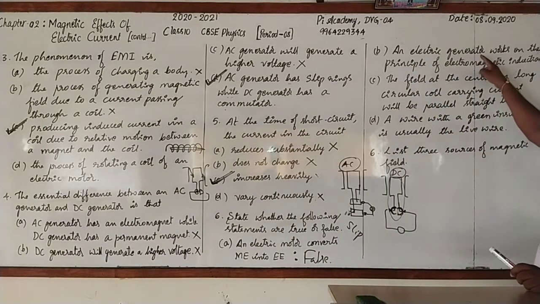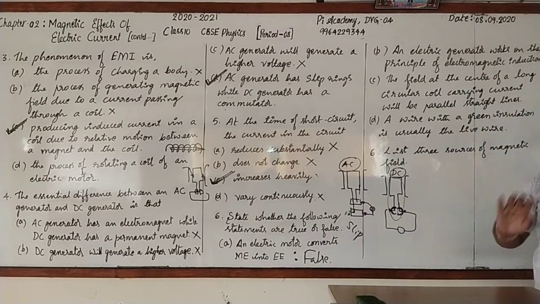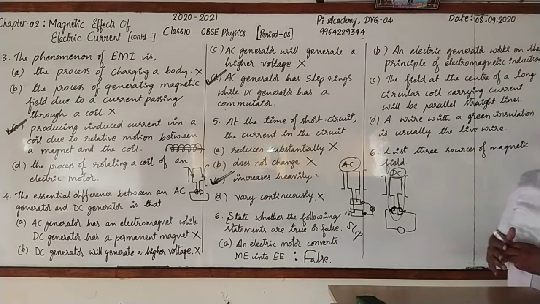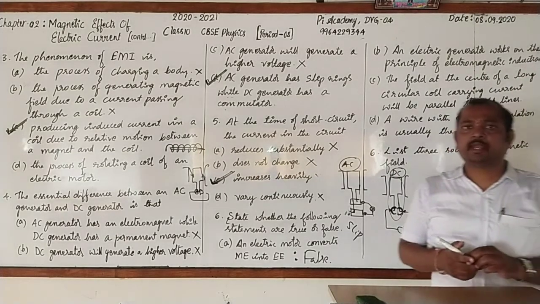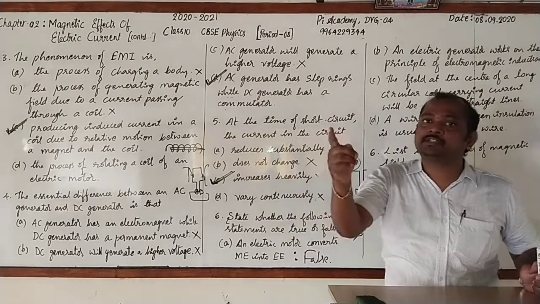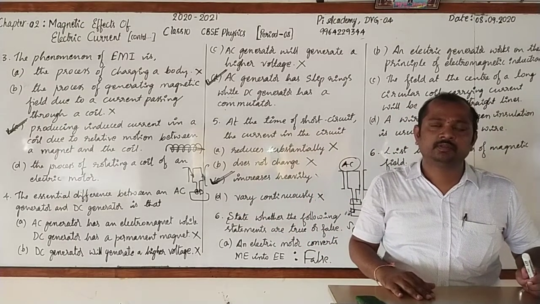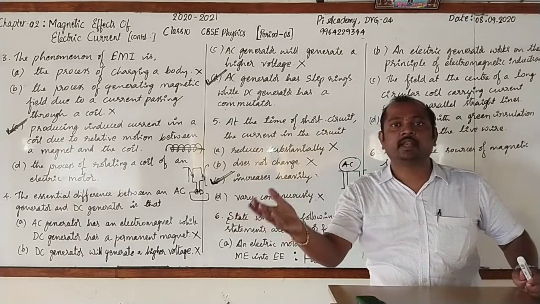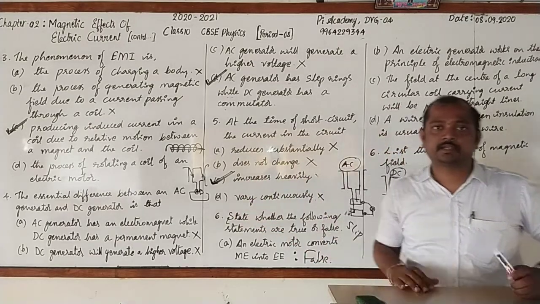Next. Go through second one. An electric generator, nothing but dynamo, works on the principle of electromagnetic induction. Electromagnetic induction, where we generate the electricity by changing the magnetic field. Then what is the work of the dynamo? Again, it generates electricity, it produces electricity.